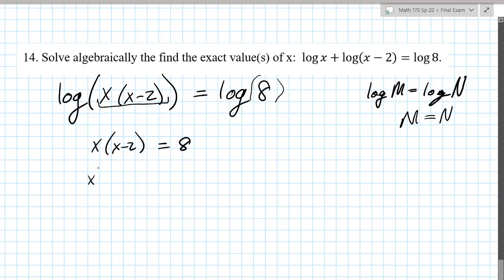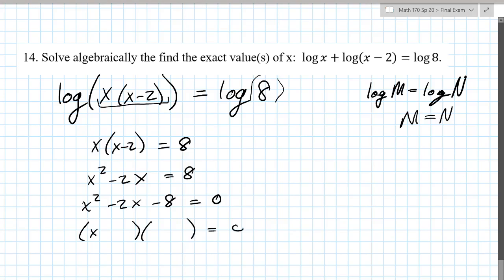Now, when I distribute, I have x squared minus 2x is equal to 8, which is a quadratic type problem. We can collect all of our numbers and x's on one side and attempt to factor this. x times x gives me x squared, and 4 times 2 would give me an 8.